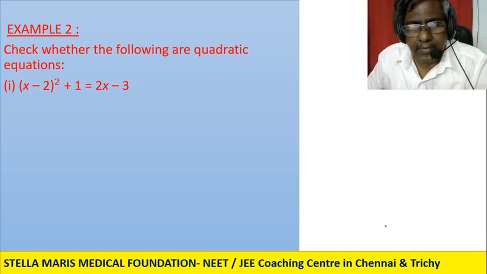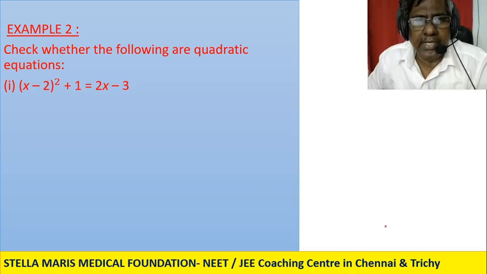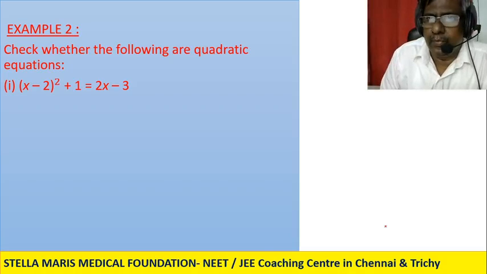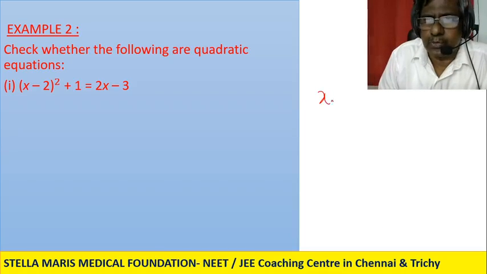Okay, I'll proceed. First see, x minus 2 whole square plus 1. You have to say whether the following is a quadratic equation. We can write it here: x minus 2 whole square plus 1 is equal to 2x minus 3.